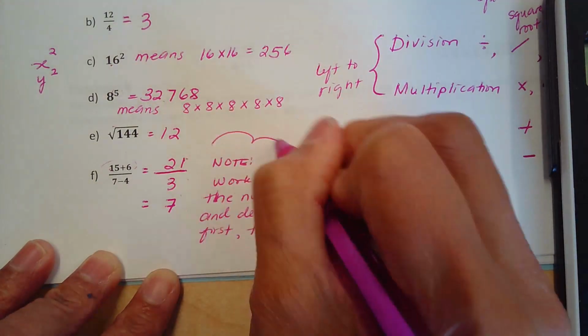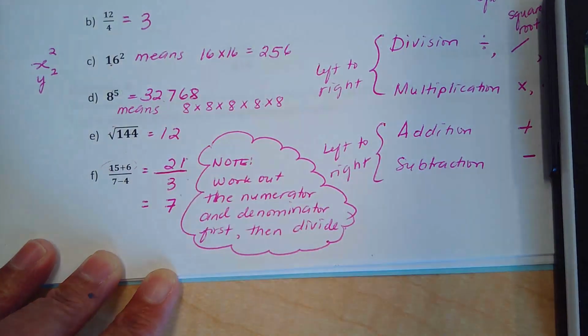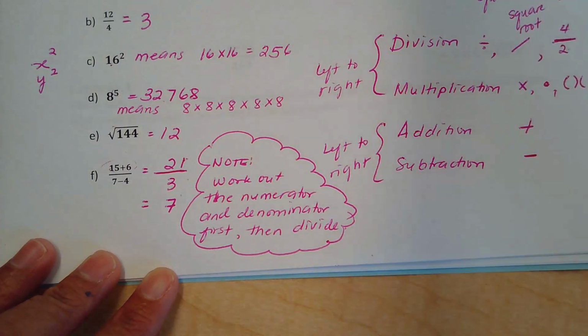So here we're going to work out the top number, which is called the numerator, and then we're going to work out the bottom number, which is called the denominator. And once you have that down into 21 divided by 3, you work that part out. How's that one? Okay, so far so good.